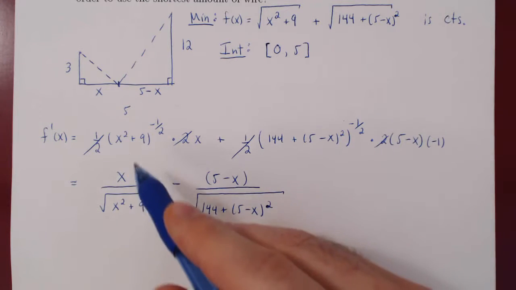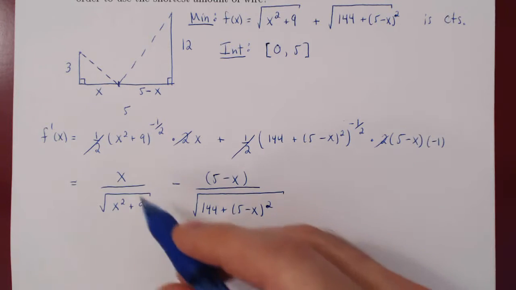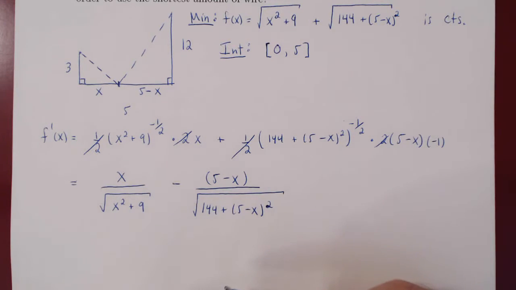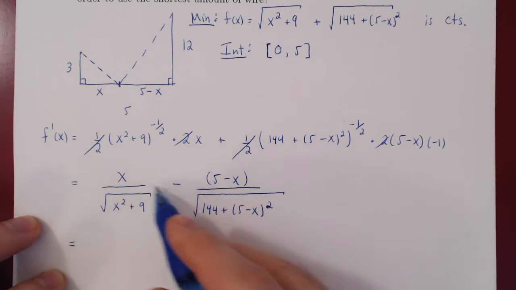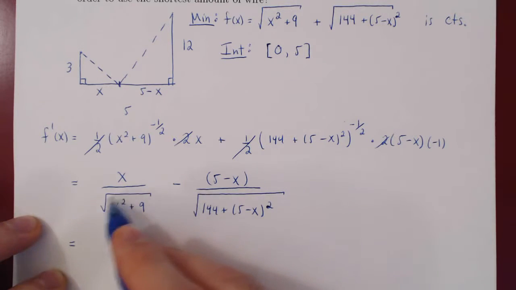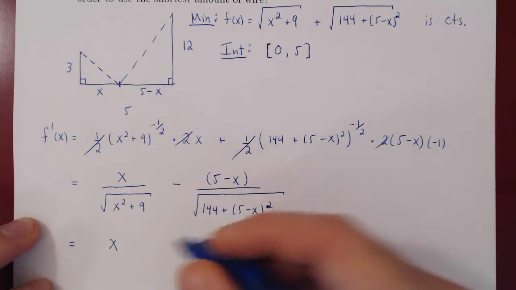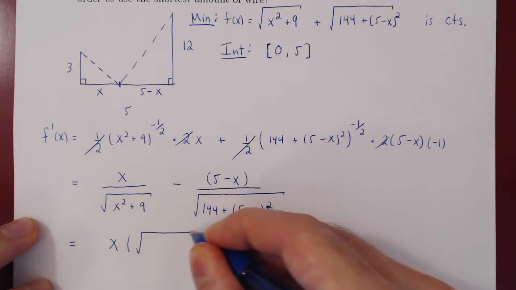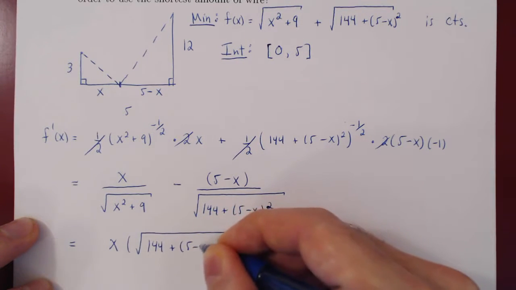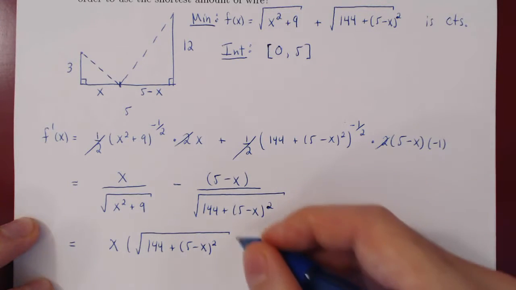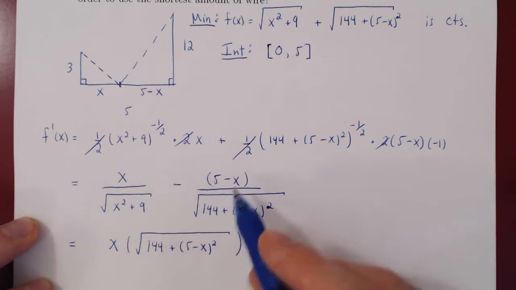Then we have to find values of x where the derivative may be equal to 0. Well, let's put these over a common denominator. So we are going to have x times this minus this times 5 minus x. I'm just cross multiplying this times this minus this times this.